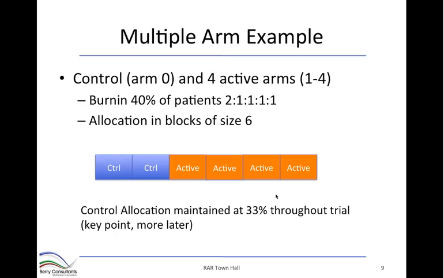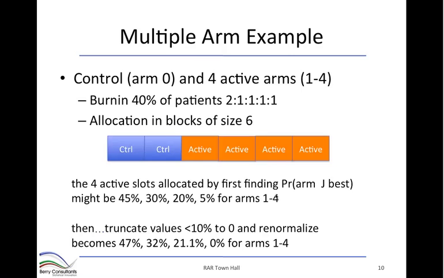So at the beginning, in that first 40%, those blocks are 2 controls, and then 1 in arm 1, 1 in arm 2, 1 in arm 3, 1 in arm 4. Later on, I'm still going to have 2 controls, but now I'm going to have 4 active arms, and I'm going to be doing my RAR on those orange active arms.